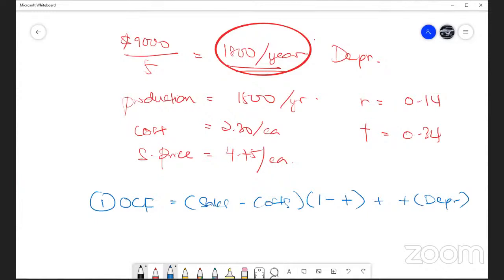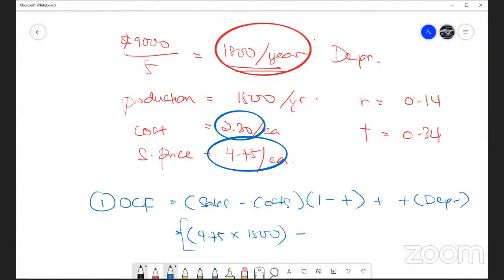If you use OCF, you take your sales. Sales is how much? $4.75 multiplied by 1,500. Your cost is 2.30 multiplied by 1,500. Then close bracket and multiply by 1 minus t.